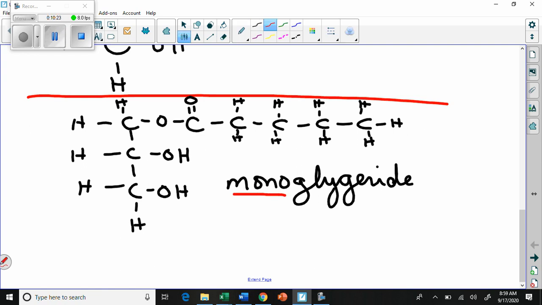Now, of course, you can see that there are two other groups here where I could do another attachment. So I could still attach two more carboxylic acids in the exact same way. So if I attach two of them, what do you think it would be called? Right. If there are two acids, you would get a diglyceride.